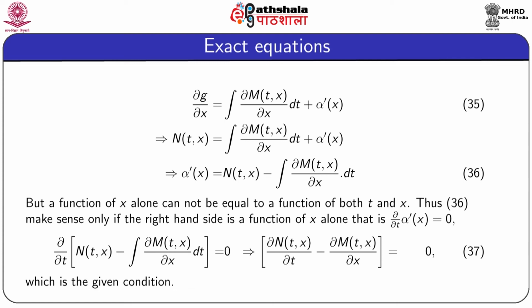If you do that, you get ∂/∂t of (n minus the integral of ∂m/∂x dt) equal to 0, which implies ∂n/∂t minus ∂m/∂x is equal to 0, and which implies ∂n/∂t is equal to ∂m/∂x, which is our required condition.